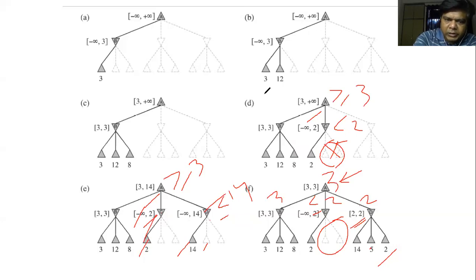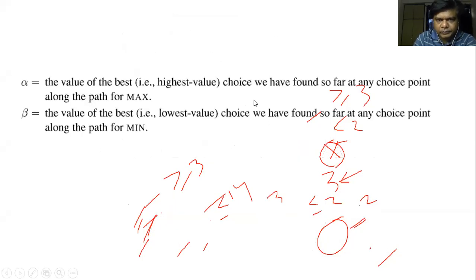So depending on these values, we keep on deciding at every point, and due to that we may decide to skip generation of some nodes, and that is the benefit of this algorithm, which we call alpha beta pruning. Okay, so here alpha, this value is alpha and this is beta, that is why this name is given alpha beta pruning.